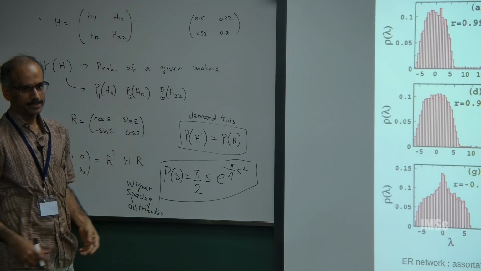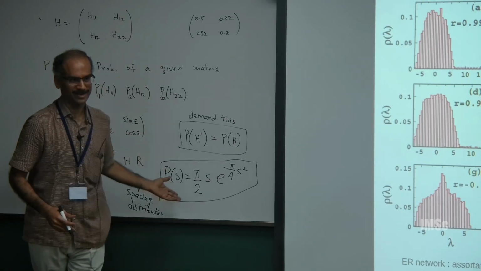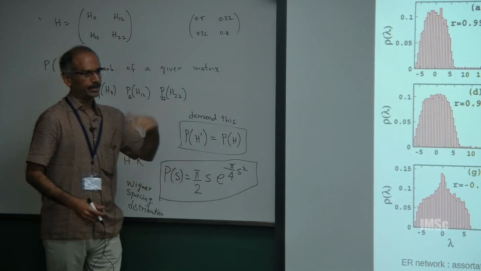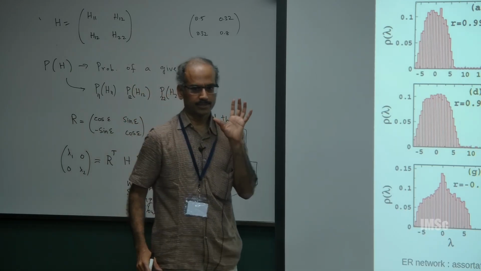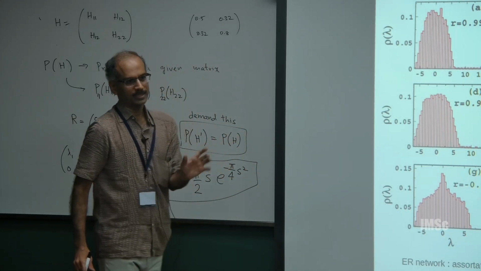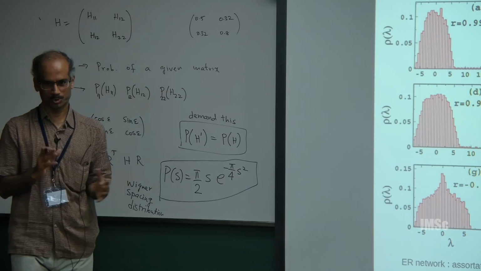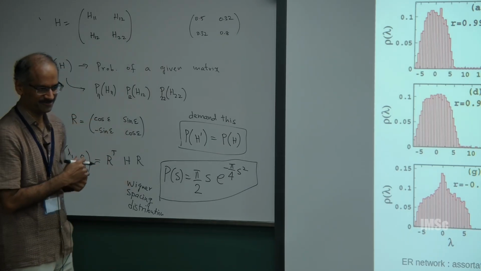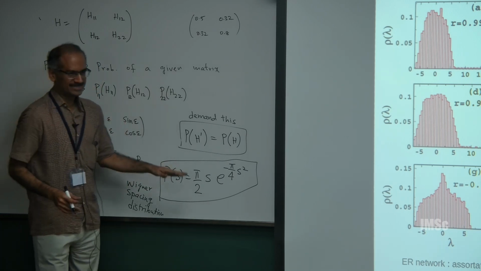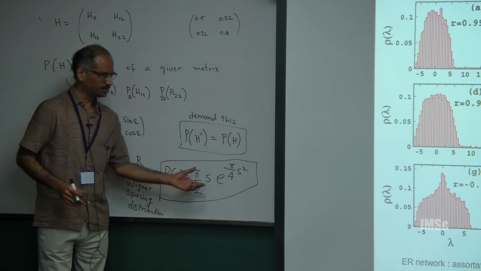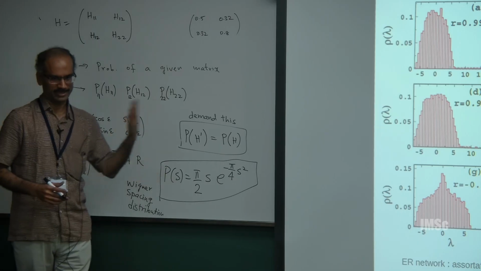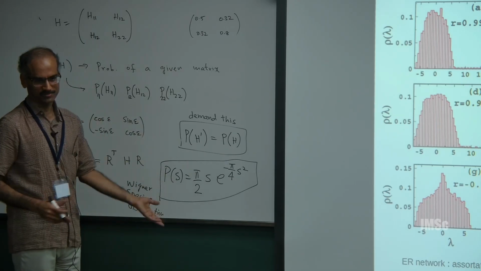He quickly calculated and gave a formula then and there, and it took another 20 years for people to calculate it exactly. When they compared the two, they differed by a factor of pi by 3, which is close to 1, so no one could see the difference. That's the reason why it is called Wigner's. The actual formula itself he did not derive exactly, but he got something very close to it.